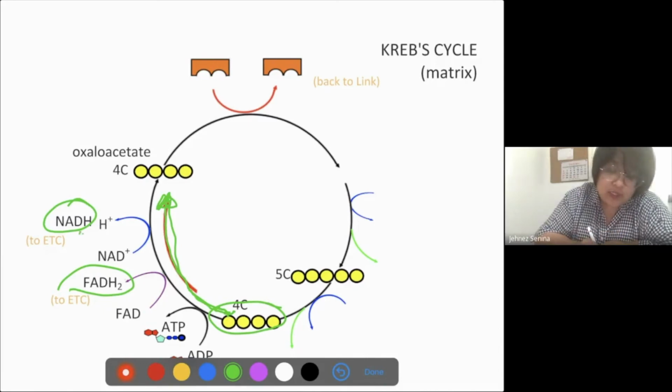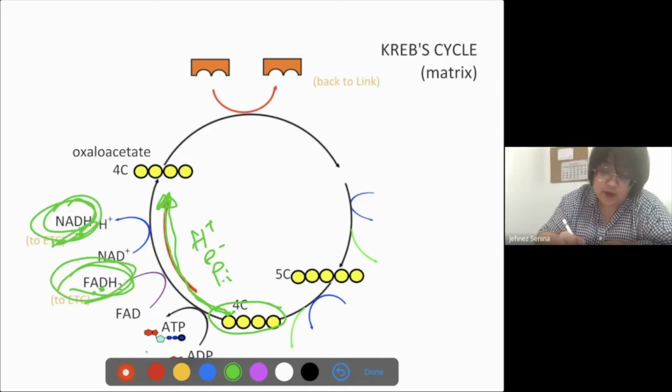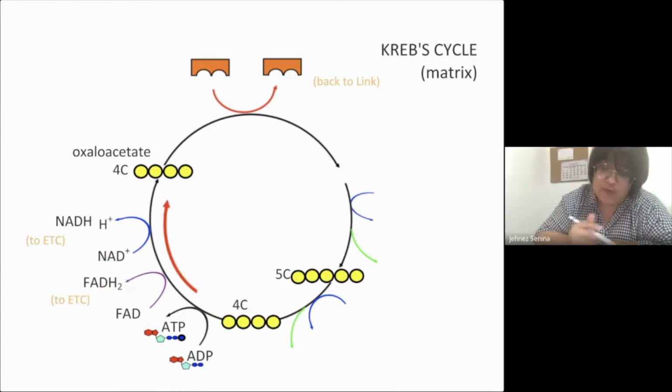Here, to your electron carriers. And so you form NADH, FADH2. At the same time, you form ATP. So you're removing hydrogen, electrons, and phosphate to your molecule. Where did the hydrogen and electrons go? To NADH and FADH2. Where did the phosphate go? To ADP, to form ATP.